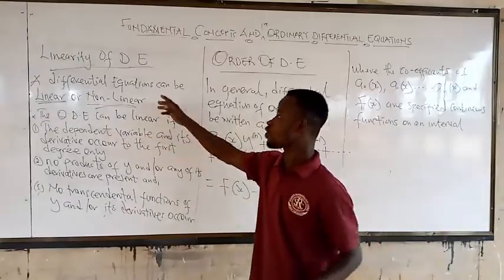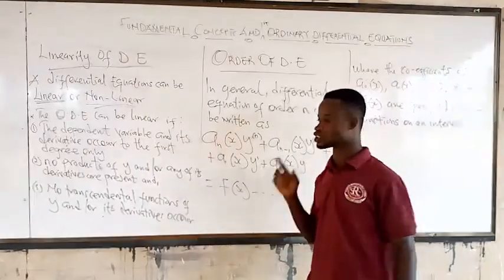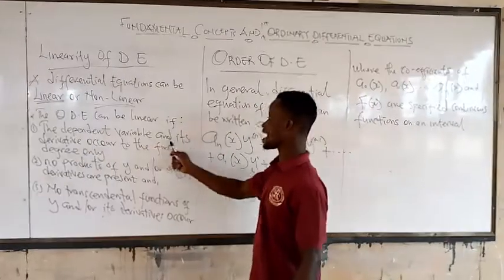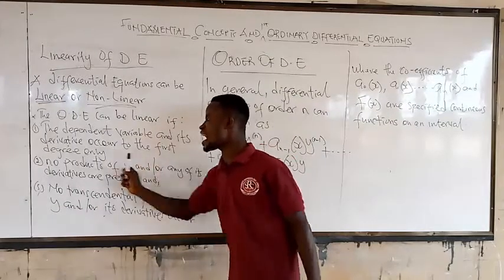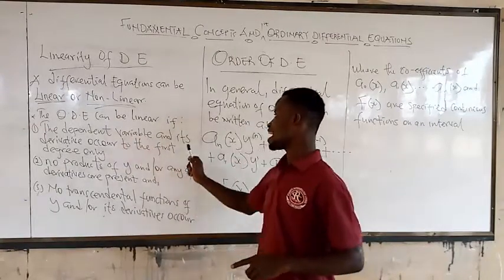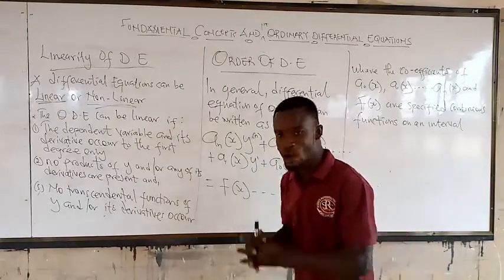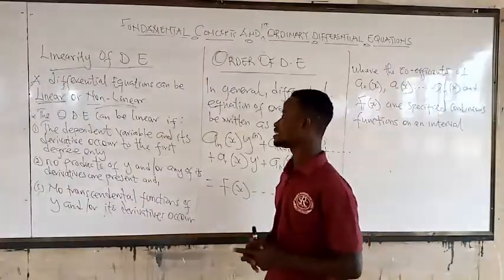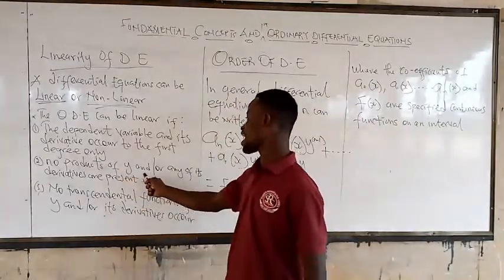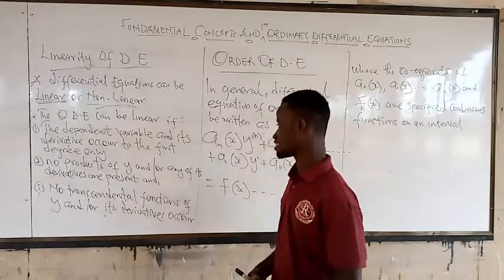But for now, an ODE can be linear if these three conditions are met. The first one is that the dependent variable and its derivatives occur to the first degree only. When this is so, then we say that it is a linear differential equation. No product of y or any of its derivatives is present.